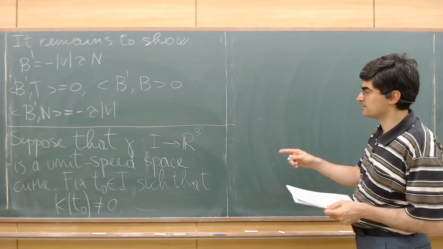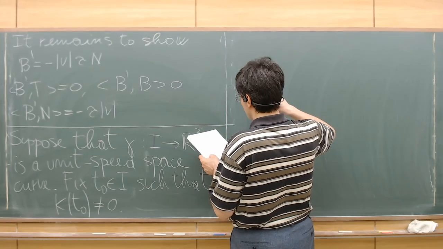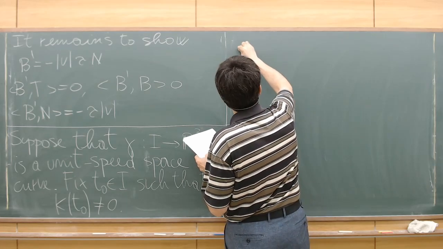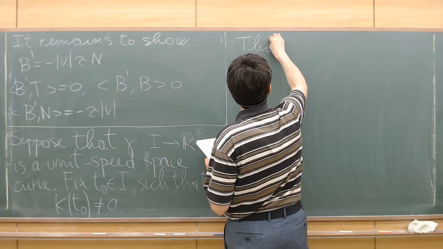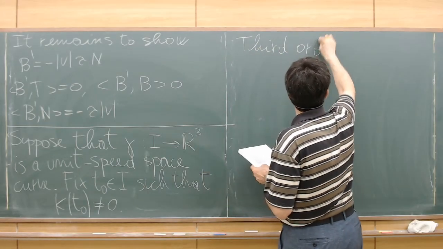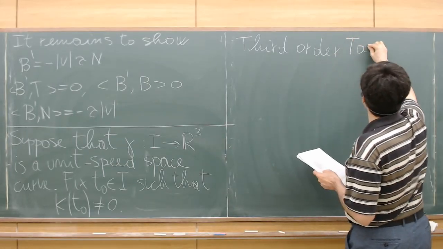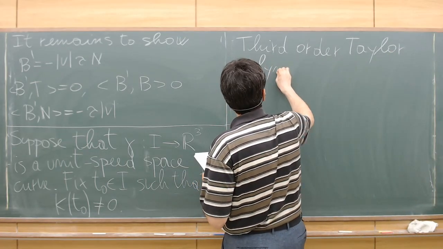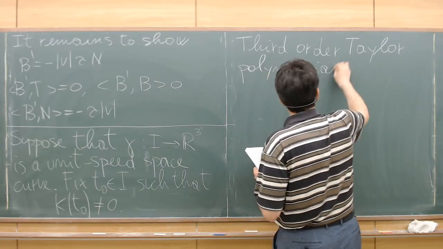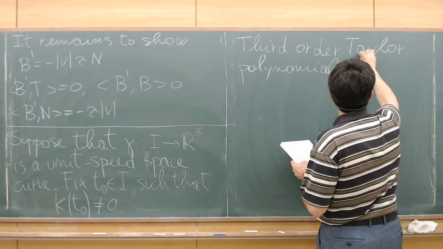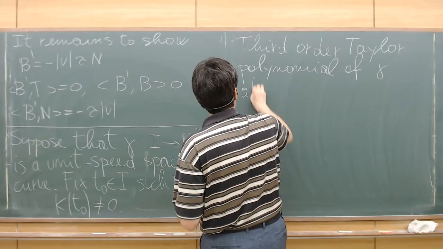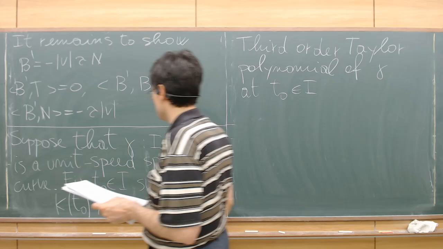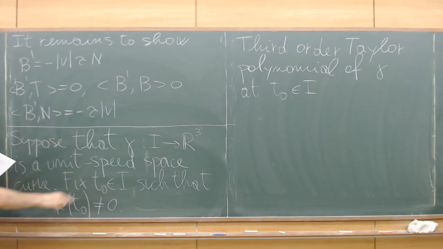Okay, as done in the past, let's consider the third order Taylor polynomial of gamma at t0, which is precisely this point here.